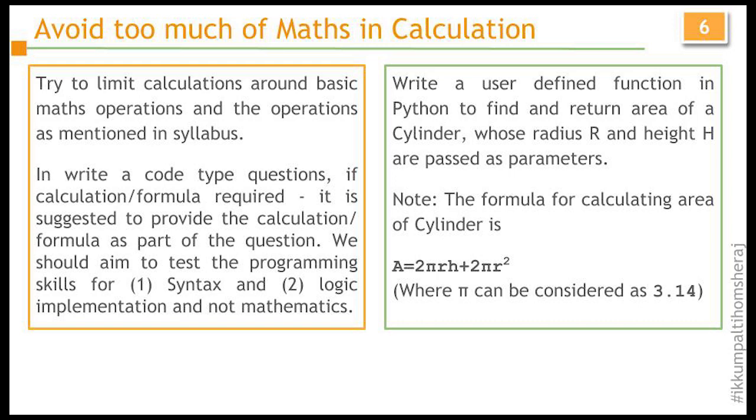So we do not expect them to remember the formula of area of cylinder. Provide this formula because we are not testing his mathematical skills here. We are testing his programming and implementation of the logic in the code. So that is very important for you to note.